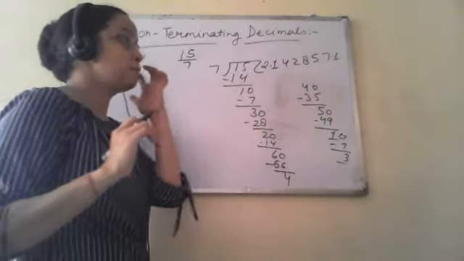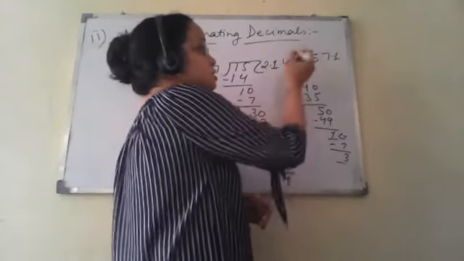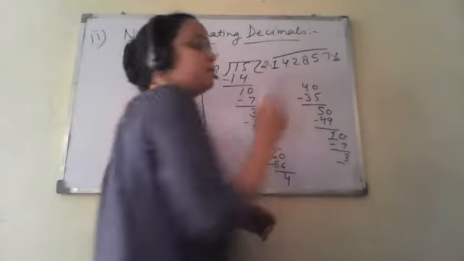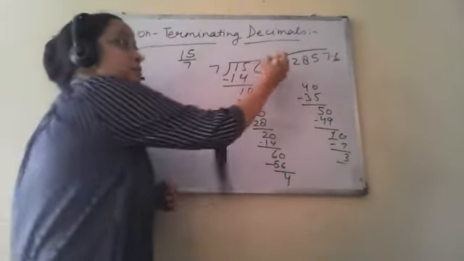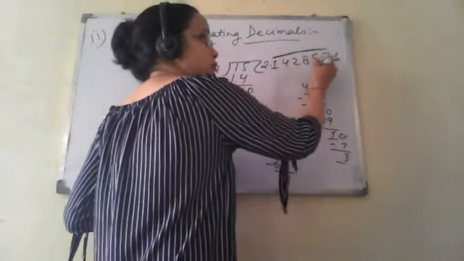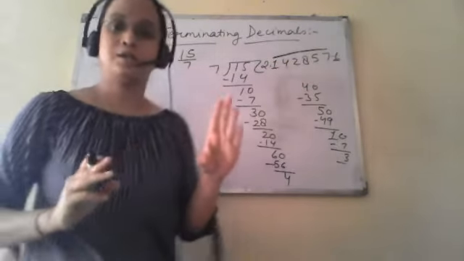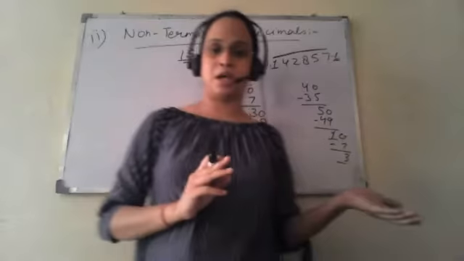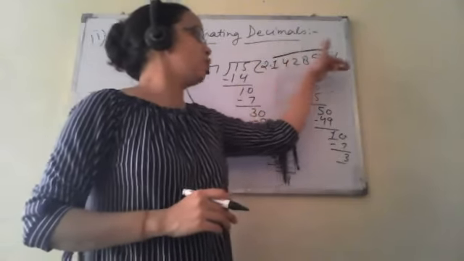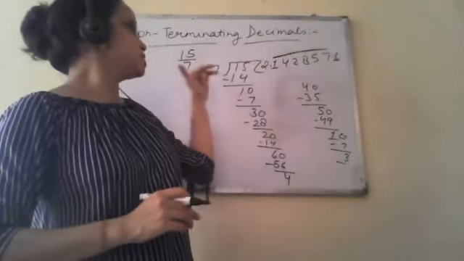So my point was, this set of digits will repeat itself, and the number of digits in this string, that is 1 2 3 4 5 6, that means 6, after 6 steps they are repeated. The number of digits in this block will always be less than this divisor.